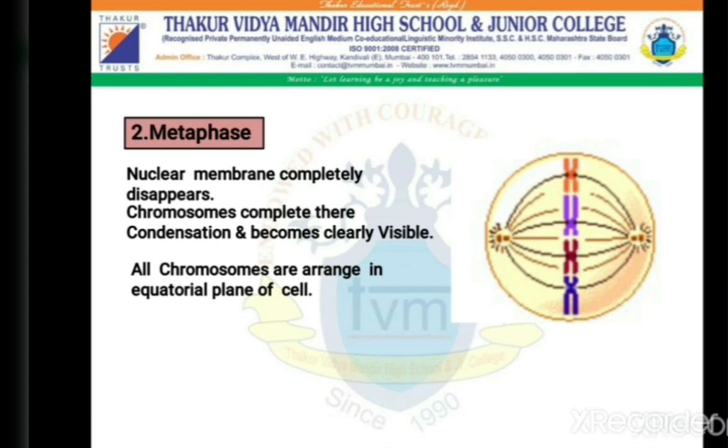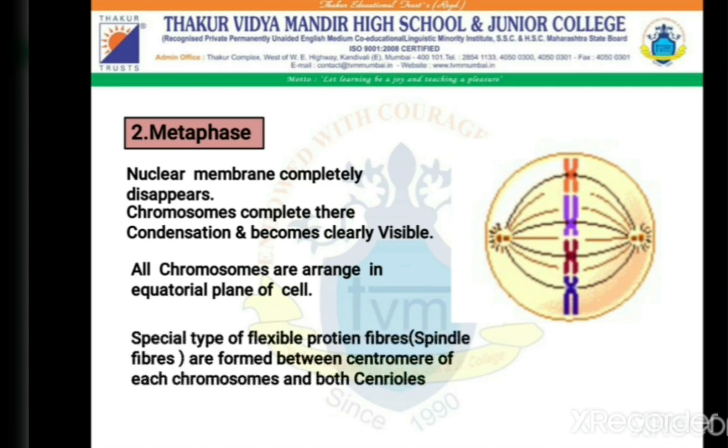Now, joining the centriole and the centromere, you can see thread-like structures. These special, flexible protein fibers are called spindle fibers, which are formed between the centromere of each chromosome and both centrioles.